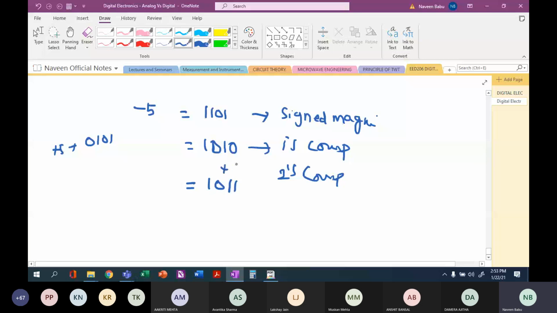Because I am adding 1 to it. Right? So these are three different ways of representing minus 5. Whereas plus 5 has only one representation, similar to the unsigned representation. So minus 5 in signed magnitude is 1101, in ones complement it is 1010, and in twos complement it is 1011.